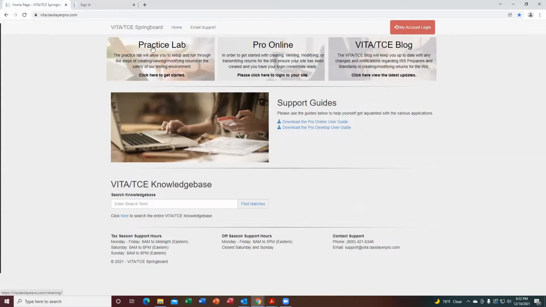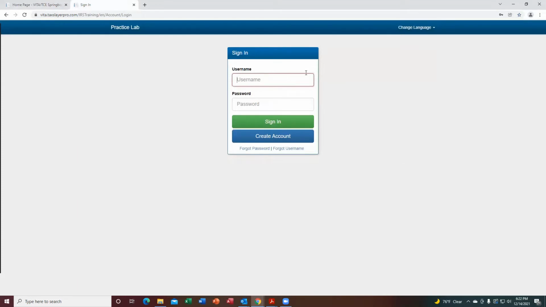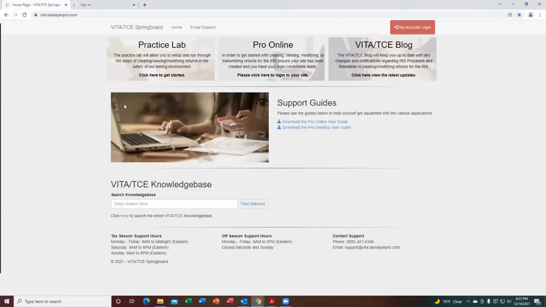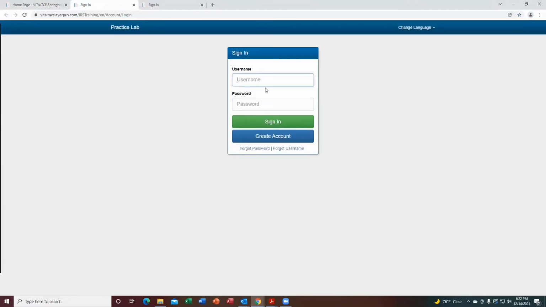And so this is a practice lab. So you decide which is best: IRS, Link and Learn, practice lab, Train Pro Web, and you get here. Or you come over here, vita.taxslayerpro.com, and there's the practice lab. Same thing, if you notice. It got me to the same place.